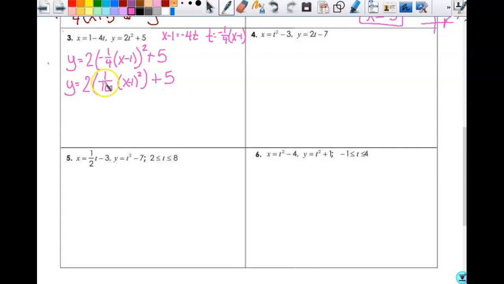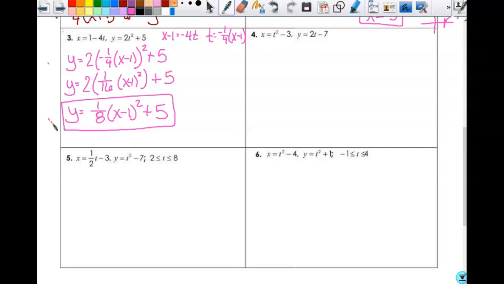Then I can multiply that and get y equals 1/8 times x minus 1 squared plus 5. And this is a quadratic, so there's no restriction, and there's no restrictions up there either. Okay. Everybody good so far?